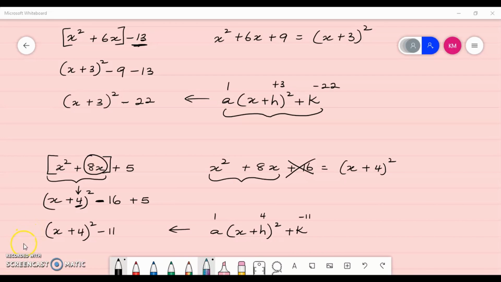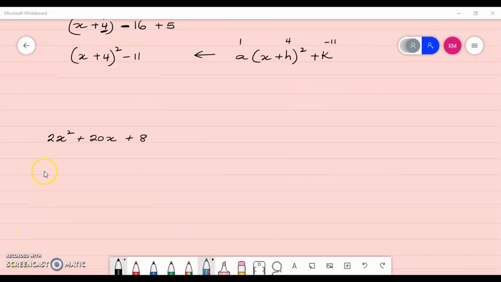Now let's look at one more question. Now let's say we have 2x squared plus 20x plus 8. Now this is a bit different because we have a coefficient of x squared. So how are we going to determine what square is going to form this part here?